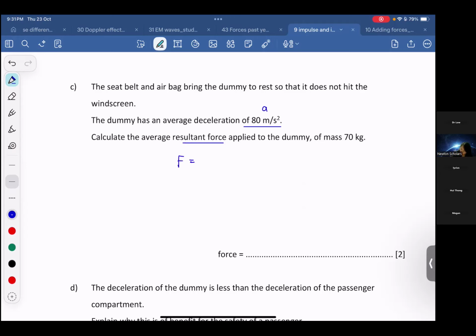So F equals to ma, am I right? Your mass is 70, this one is 80. Your answer here is 5600 Newton. If you want to put a negative, also never mind. You just get an opposite direction only. Doesn't matter.